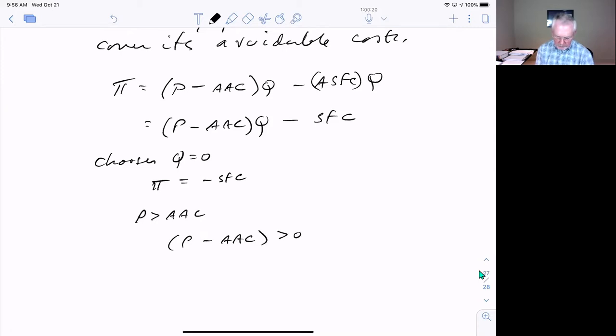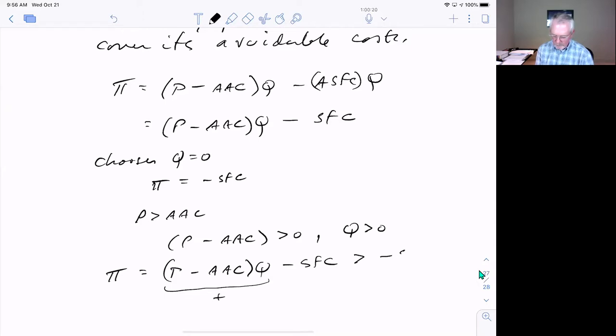So in this particular case, assuming again Q is positive, so the firm will produce, profit will be equal to price minus average avoidable cost times Q minus sunk fixed cost. And since this term here is positive, this profit will be greater than the profit the firm would earn if it shut down. In other words, if Q were 0.